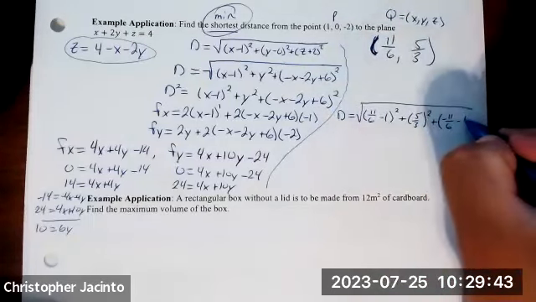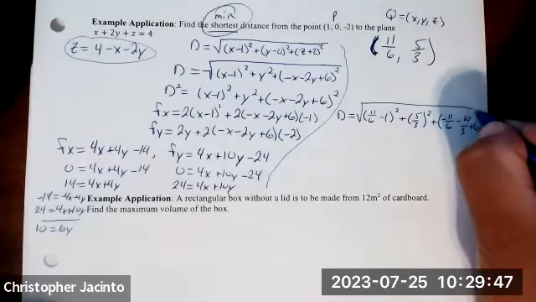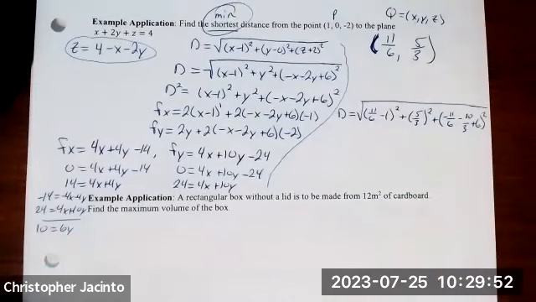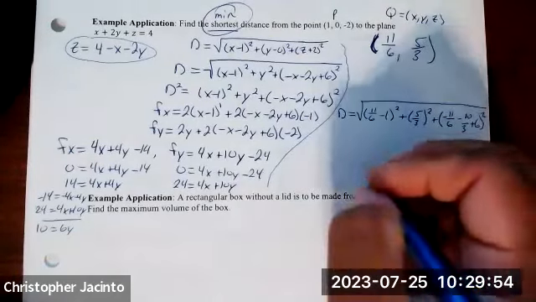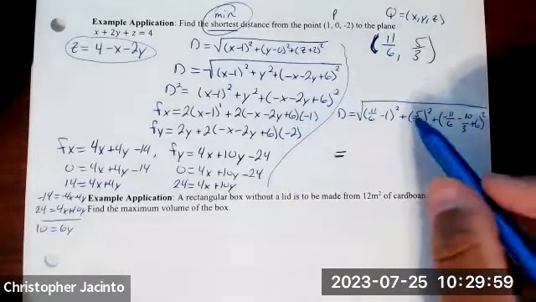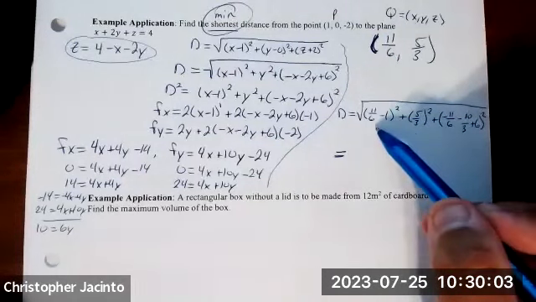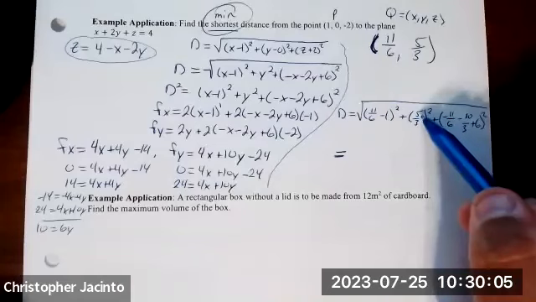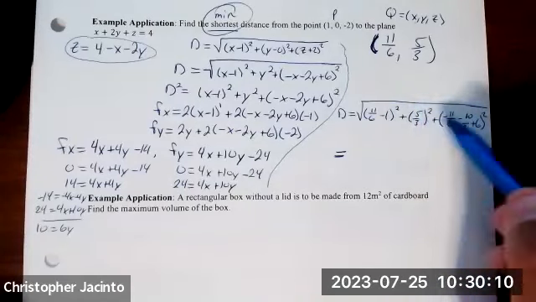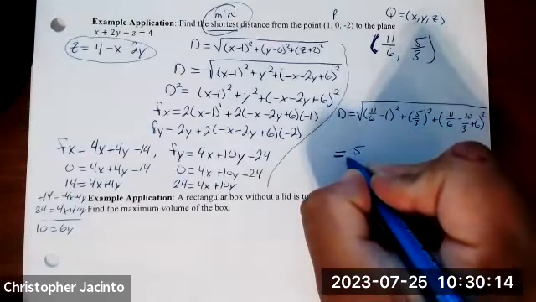Two times 5 is 10, so I'll just do that short. Now, after all of this multiplying, dividing, and all that horribleness, it's actually not as bad as you may think. This ends up giving 5 over 6. This is 5 over 3 still, and all of these things give you 5 over 6, which is pretty nice. And then squaring it, things cancel. I get this at the very end.